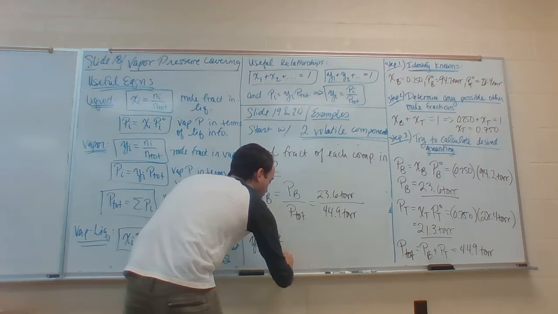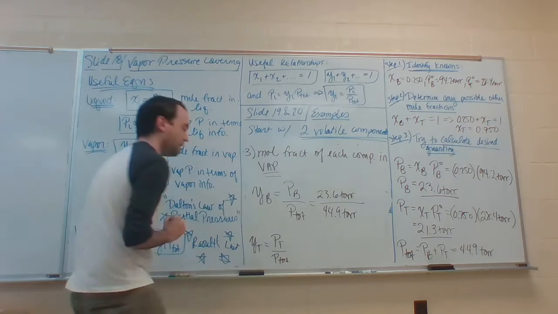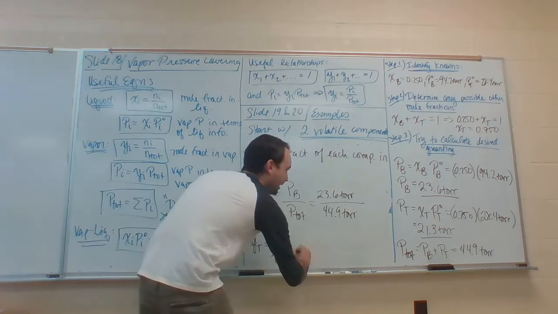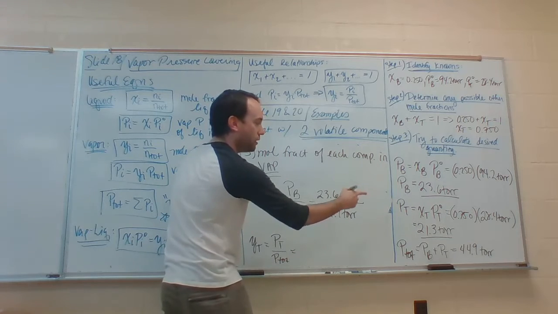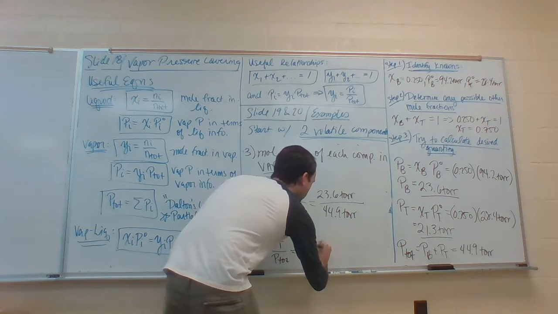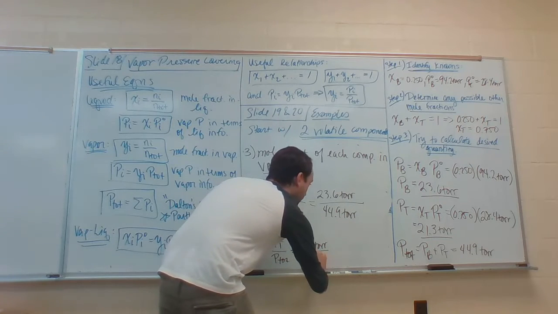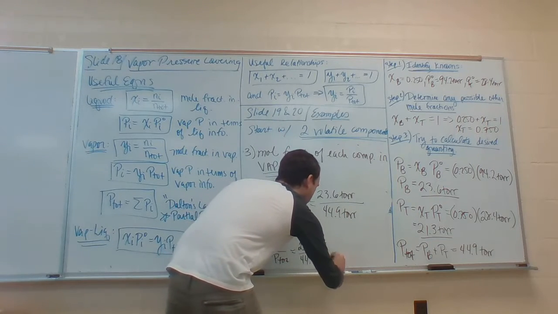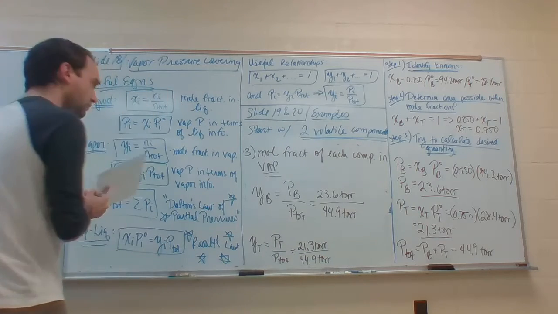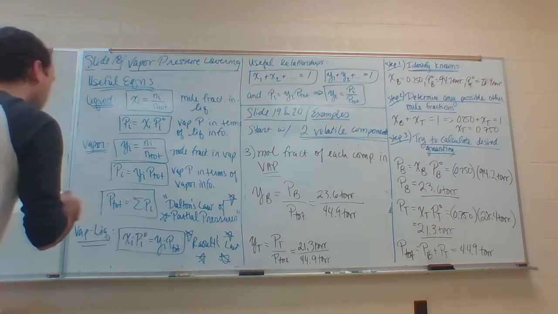Similarly, if I wanted to get my mole fraction of toluene, I could just take my partial pressure of toluene over my total pressure in the vapor. In that case, I would have 21.3 torr divided by my 44.9 torr. Let me grab my calculator and punch that in.